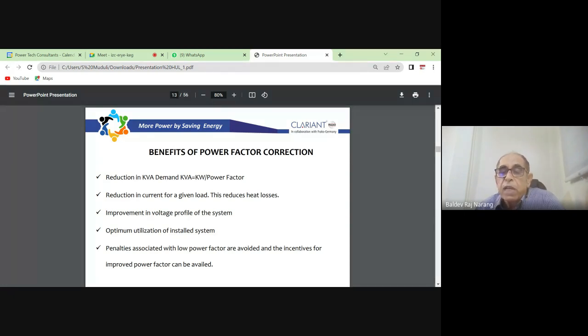So capacitor failure is not a problem. It should be the norm basically. It is required to fail. And in APP, the capacitor doesn't fail because it is designed in a very heavy way. It doesn't have any self-protection. And the system may catch fire. It may have a very severe accident also. Because of the unsafe conditions, the APP capacitors have been removed from the system. They are not used these days.